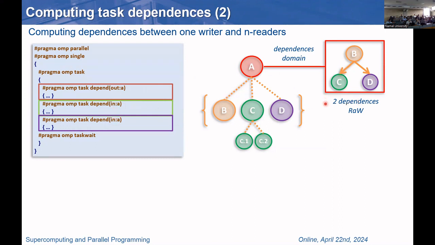So this is two dependencies, read after write. And we may have more. We can have a list of tasks, or even tasks in a loop within A, and we will have plenty of tasks at the bottom and just one at the beginning.